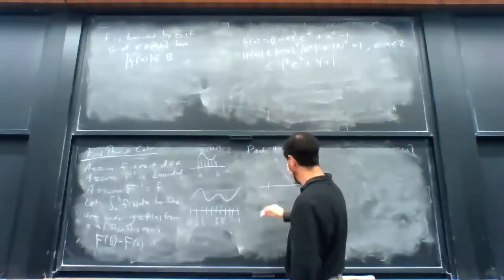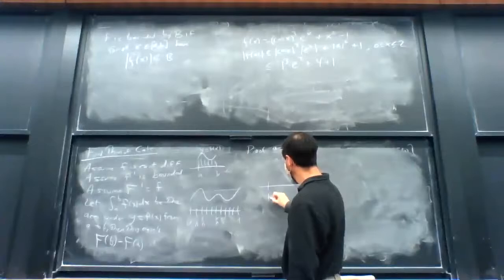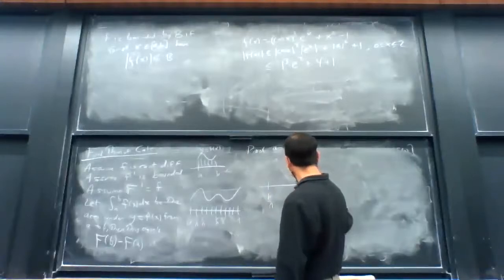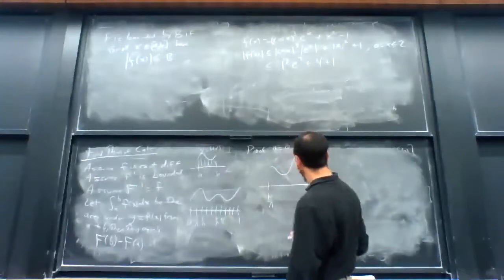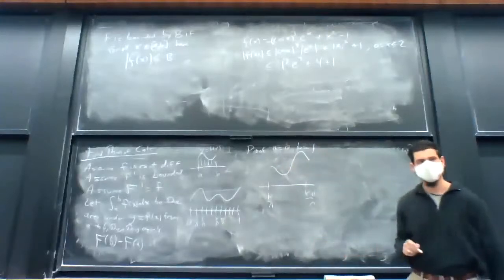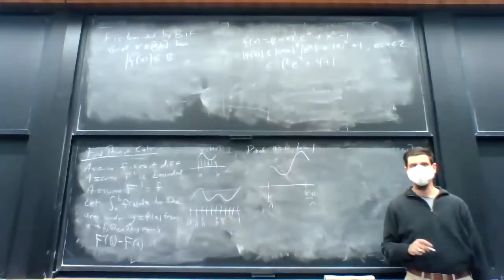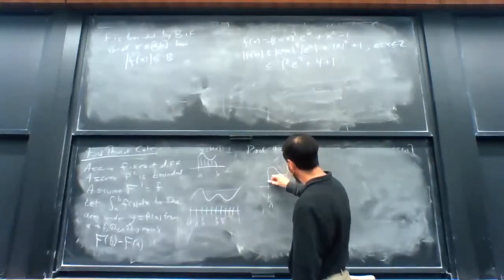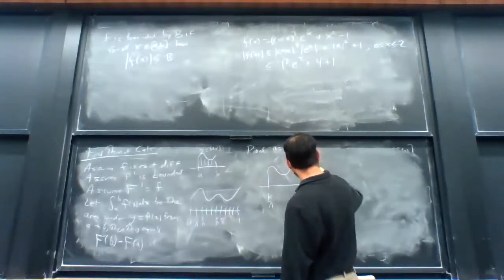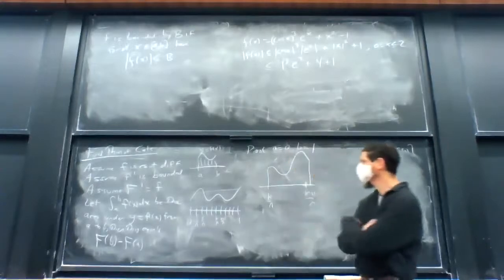So let's zoom in. So here is k over n, here's k plus 1 over n. And let's say my function looks like this. Okay. So what I want to do is find the area under the curve in this interval.